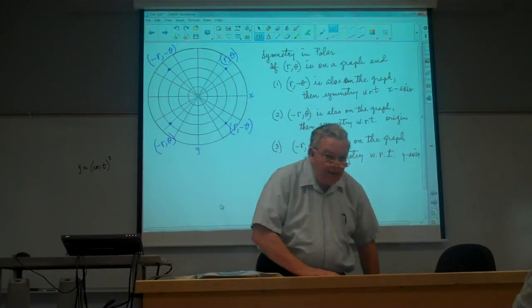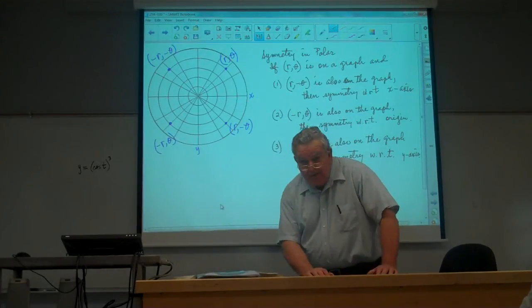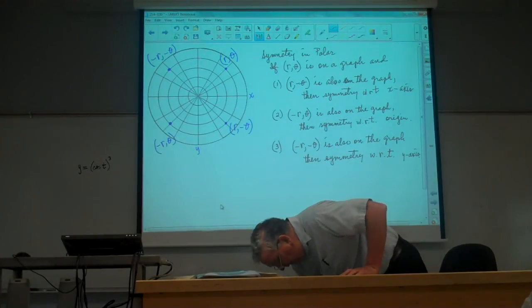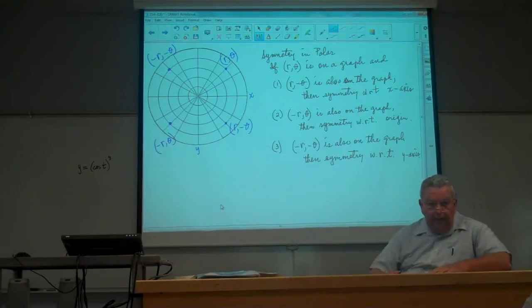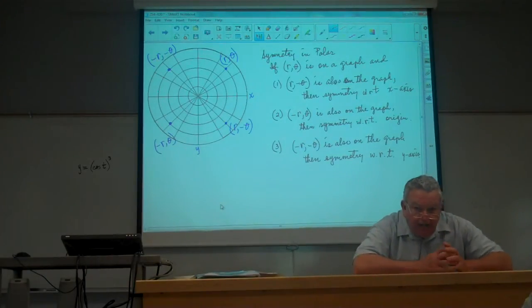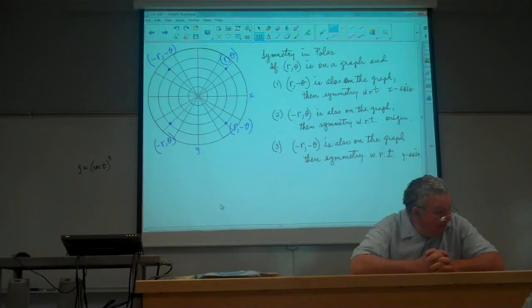Now let's be clear. Those are the three methods of finding symmetry. There is a fourth method, Dr. Thomas. What is it? Inspection. It means graph it on your calculator and look at it and see if it's a mirror image.